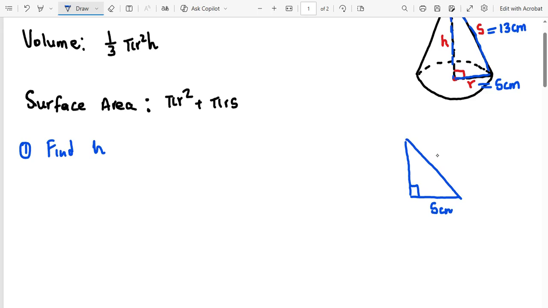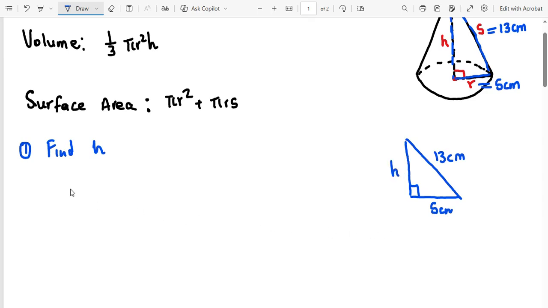This one is 13 centimeter, right? And this one is H, which is what we are looking for.